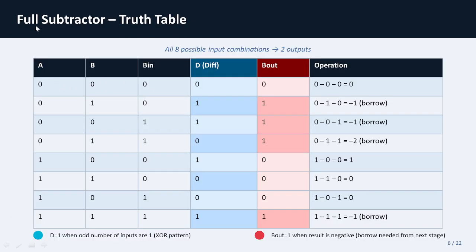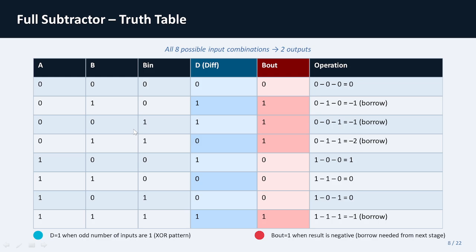So now coming to the truth table, it is just like how we learned for the half subtractor. Your three inputs are 0, so the difference will be 0 and borrow out will be 0. The operation looks like 0 minus 0 minus 0, you get 0. Now we have something like 0 1 0.